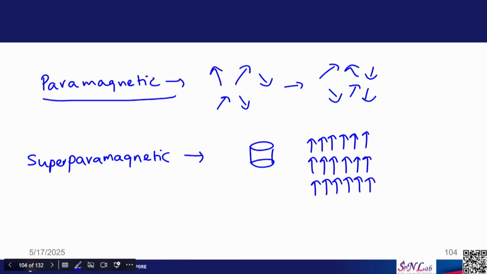It is a ferromagnetic material, the neighboring spins are parallel to each other, but this particle is too small.